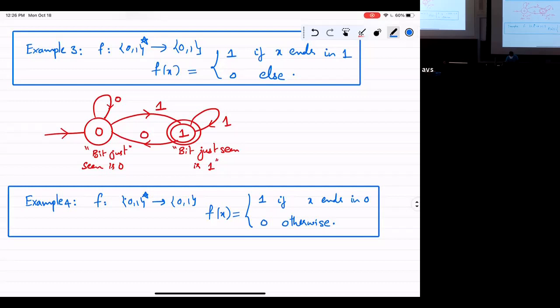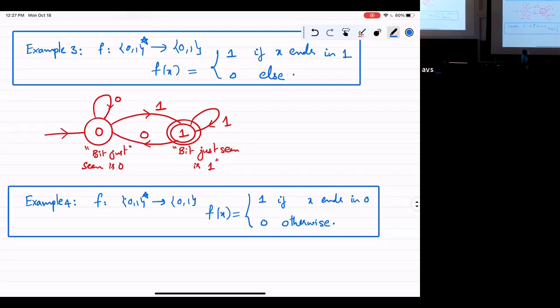What's a simple way to get an automata for that? Any guesses? We just flip the accepting state. Yeah, right. So if you just flip the accepting state, then I'll compute the new function. The reason is, again, think like the automata, right? So to decide on what f is asking me to do, I just need to keep track of a little bit of information.